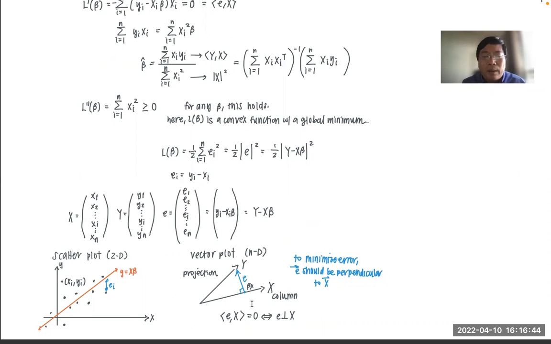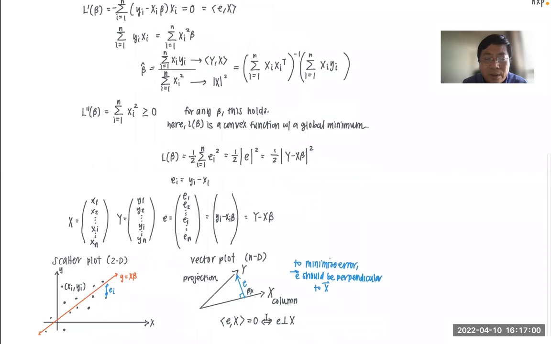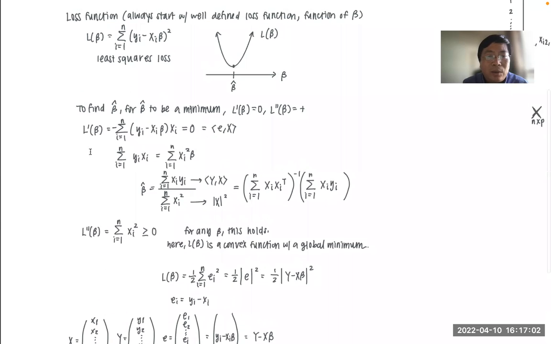As a result, because this is a projection, the e vector should be perpendicular to the x vector. So the inner product of e and x should equal 0, in other words, e is orthogonal to x. And you can see that this equation is exactly the equation that we derive by taking the derivative and setting it to 0.